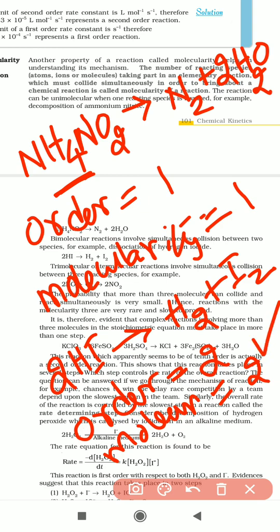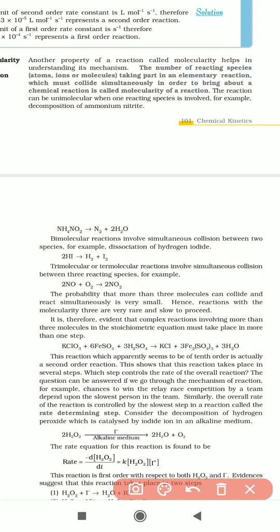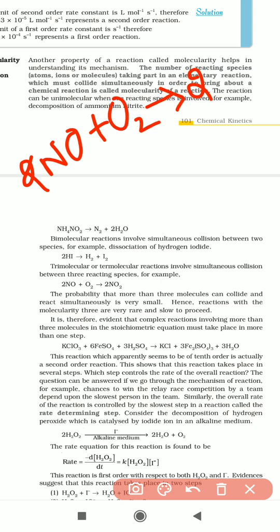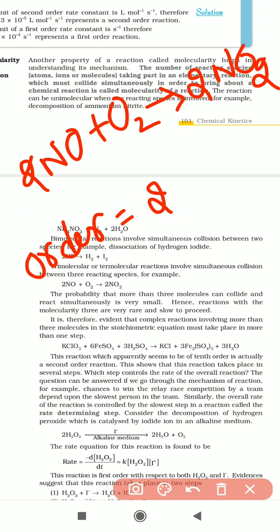Take another example: 2 moles of nitric oxide react with oxygen to give 2 moles of nitrogen dioxide. What is the order of reaction for this equation? Order equals 2 moles of nitric oxide plus 1 mole of oxygen, so 2 plus 1 in the exponents. Therefore, the total order of reaction is 3.